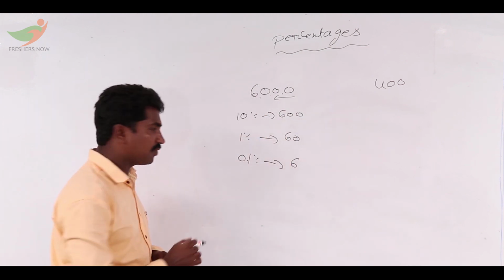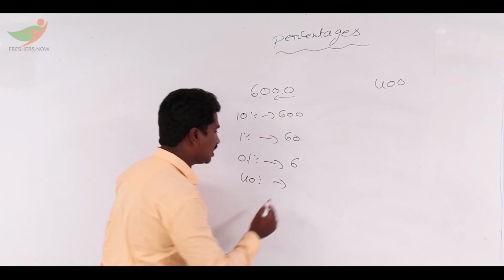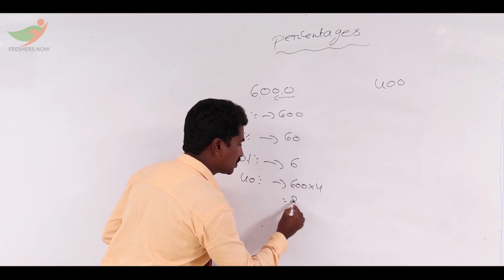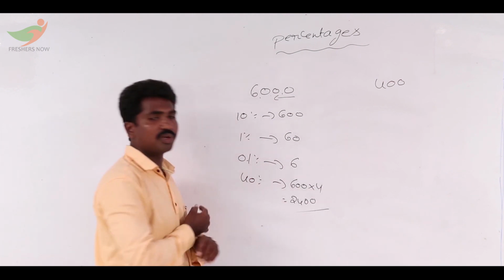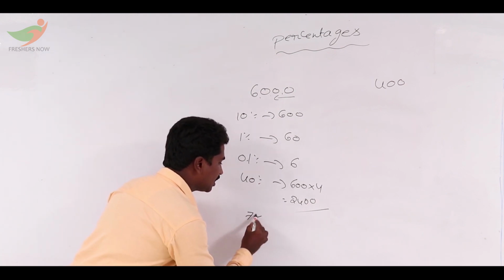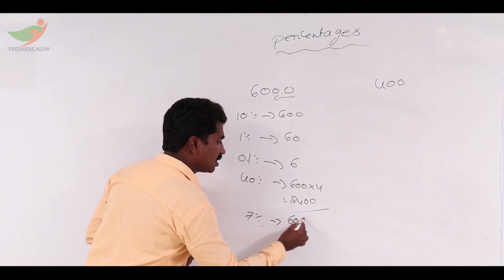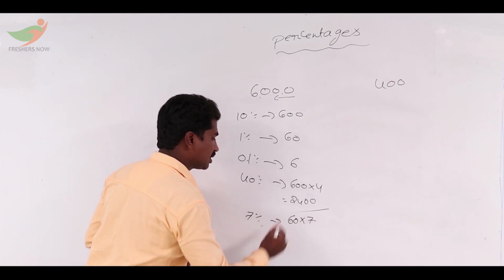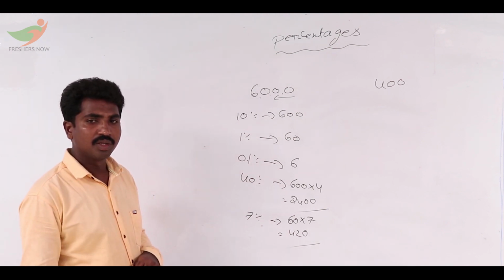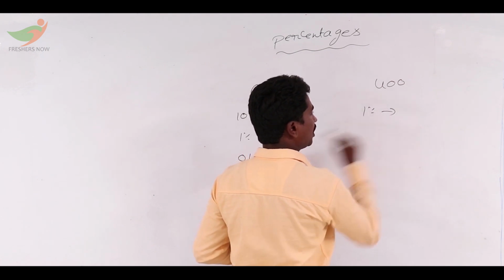If you want to find the 40% value, here 10% is 600. So 40% is 600 into 4, 6 4s are 24, so 2400. If you want to find 7%, here we know the 1% value is 60, so 7% is 60 into 7, 6 7s are 42, so 420.